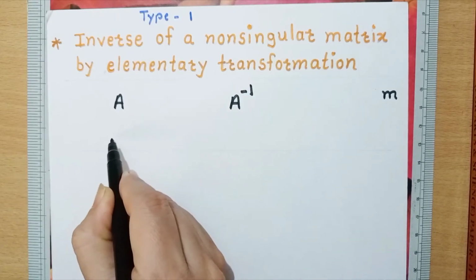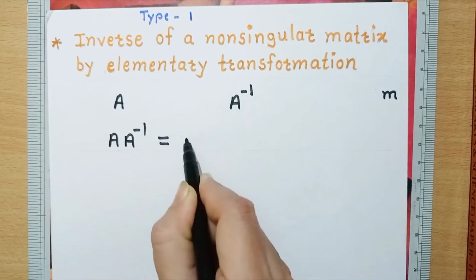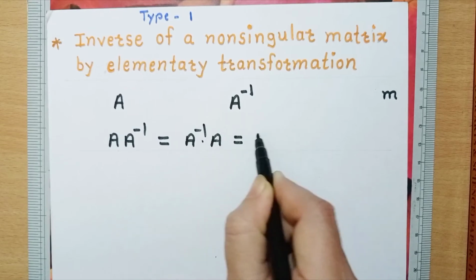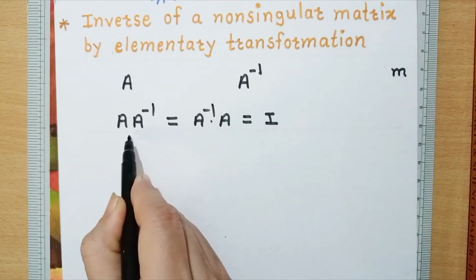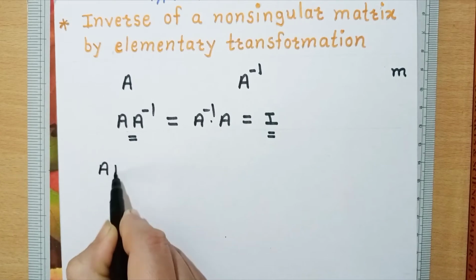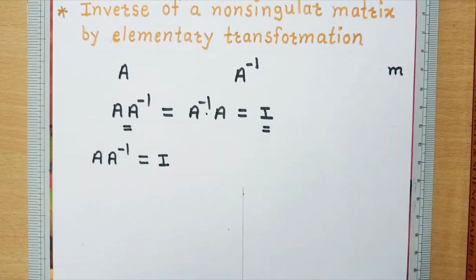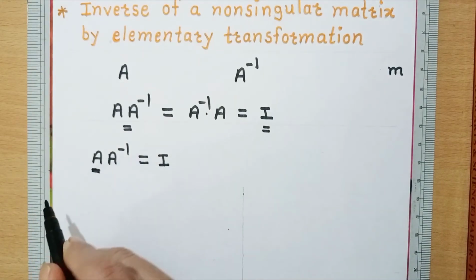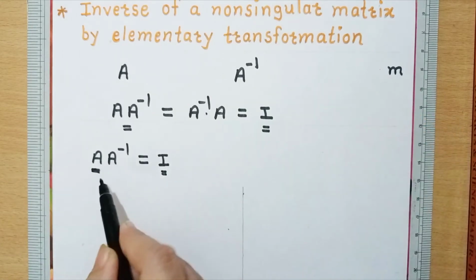Then we have the relation A A inverse is equal to A inverse A, and that is equal to I, meaning the identity matrix. If we take this equation, I am starting with A A inverse equal to I.